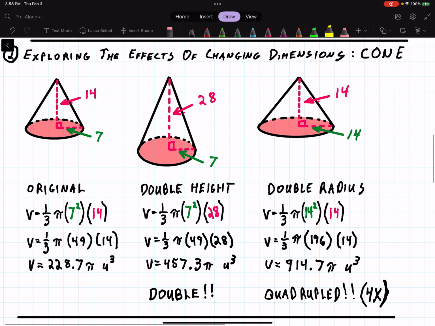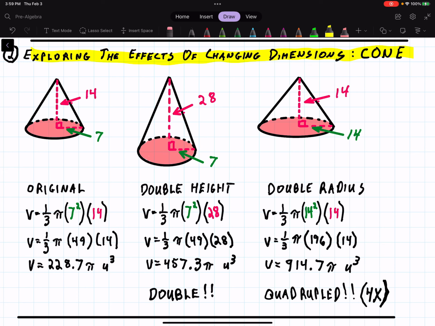Let's explore now the effects of changing the dimensions of a cone. If you remember yesterday, when we talked about changing the height of a cylinder, if you doubled the height, you would double the volume. And that made a lot of sense, because if you just took a soda can and stacked another soda can on it, you could obviously see that that's twice the volume. You have the volume of 2 soda cans.